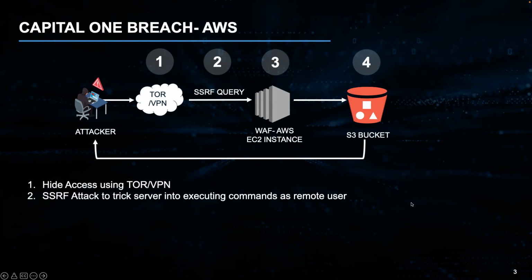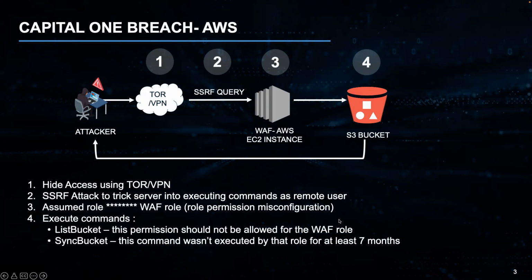On this EC2 instance, Capital One assigned an IAM role, and this IAM role was given excessive permissions. Then, with the help of just two permissions, list bucket and sync bucket, the attacker managed to steal information of around 100 million users.